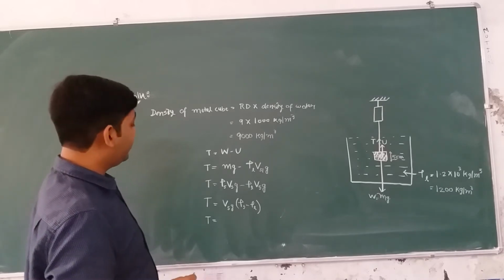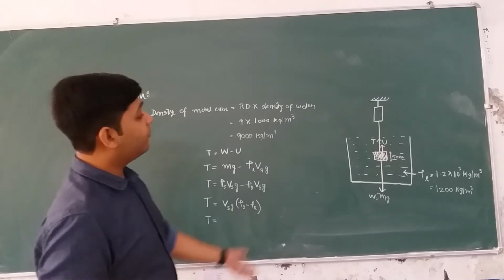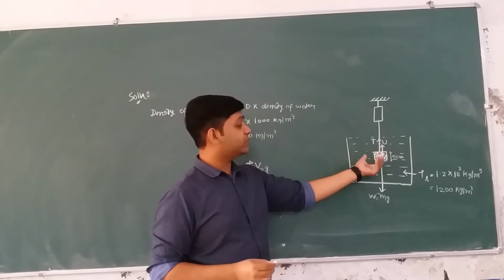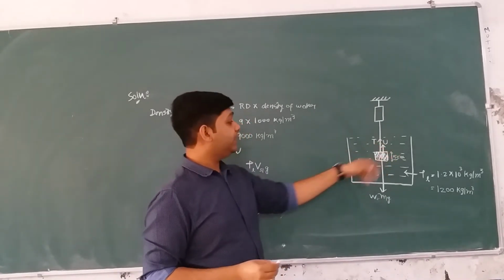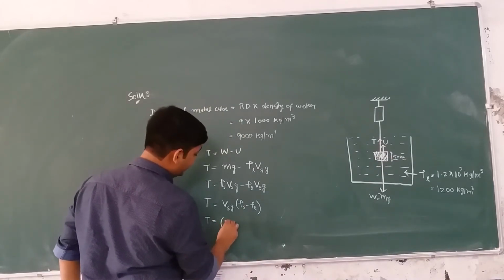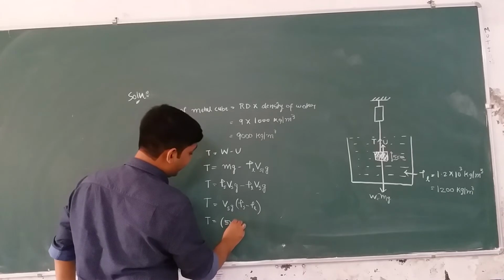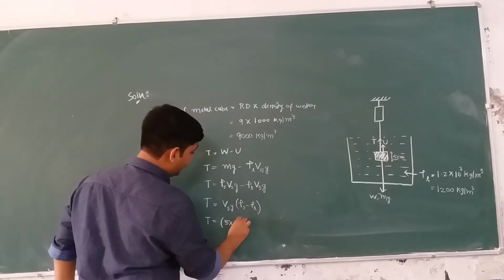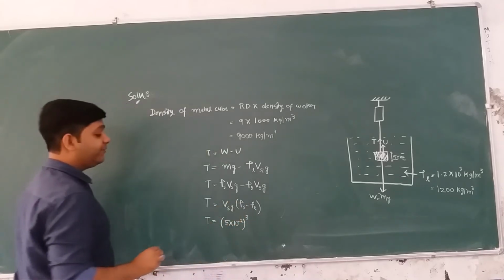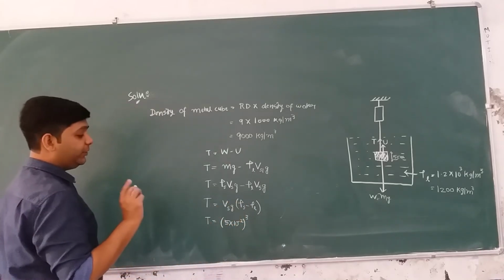How do we calculate the volume of solid? Since this is a cube, the volume of the solid will be equal to side cube. Okay? And because this is given in centimeter, we will convert it in SI unit, that is in meter. So it will be 5 into 10 raised to the power minus 2 and the cube of this. So in this way we have calculated the volume of the cube.